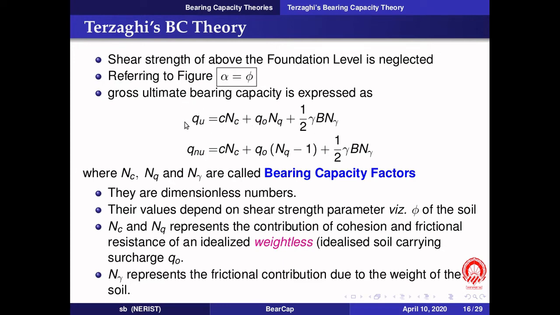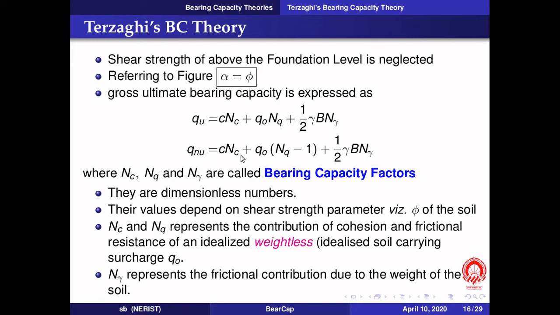So for us average engineers or practitioners, life is much simpler now. If I know the phi value of the soil, I can find out these bearing capacity factors, put them in this simple looking equation, and thereby get the ultimate bearing capacity, or rather we prefer to find out the net ultimate bearing capacity.